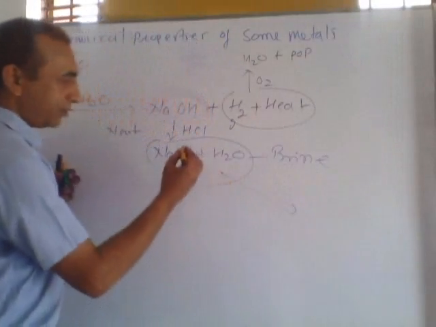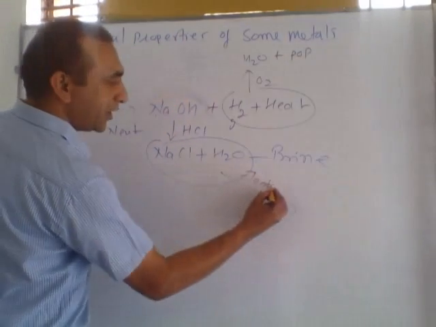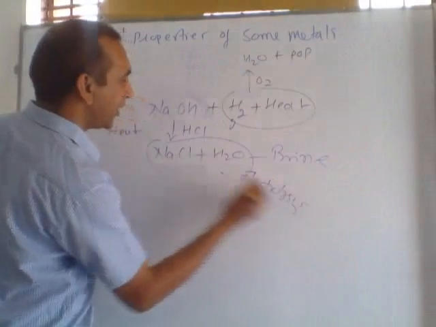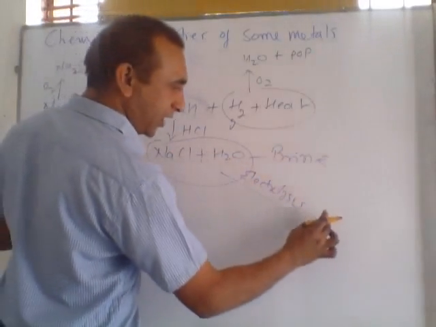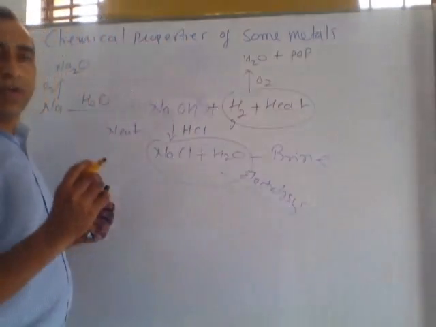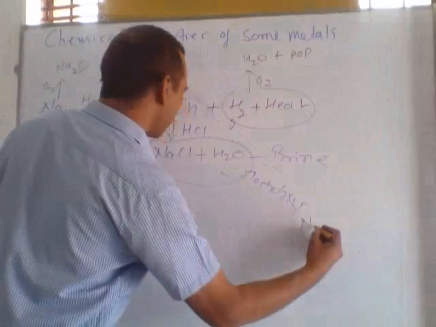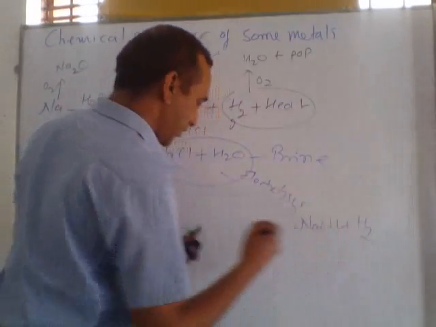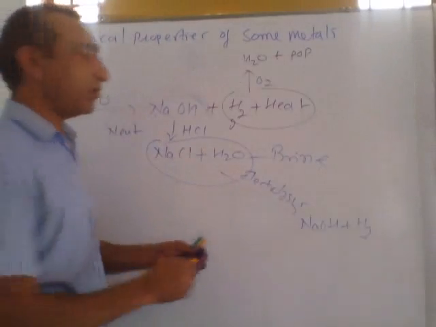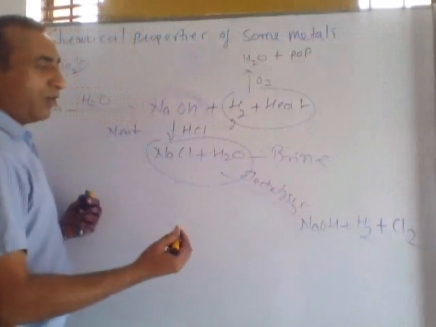If we pass electricity, then electrolysis of this solution takes place, and after electrolysis 3 very important compounds are formed. First is NaOH, second is H2 gas, and the last and most important is Cl2 gas. These 3 compounds are formed.